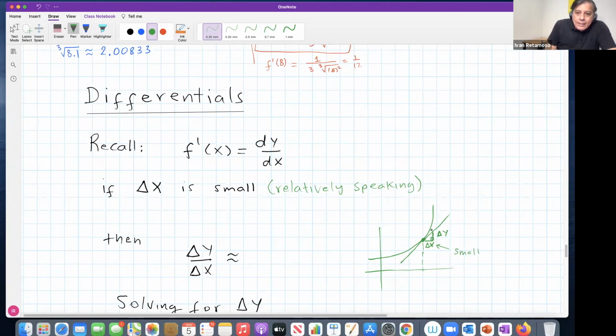And you can basically approximate this delta y over delta x with the derivative of your function, evaluated at x, right? They are approximately the same.